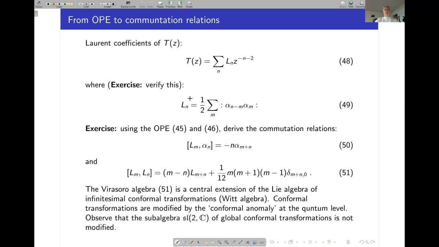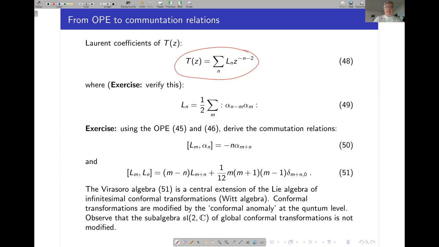So let's assume that we have done the computation using the Wick theorem and we have obtained the TT OPE. We can get some commutators out of it in the following way. We write T of z as a formal Laurent series. And then using the residue theorem, which I explained last time, we can project out the Laurent modes.